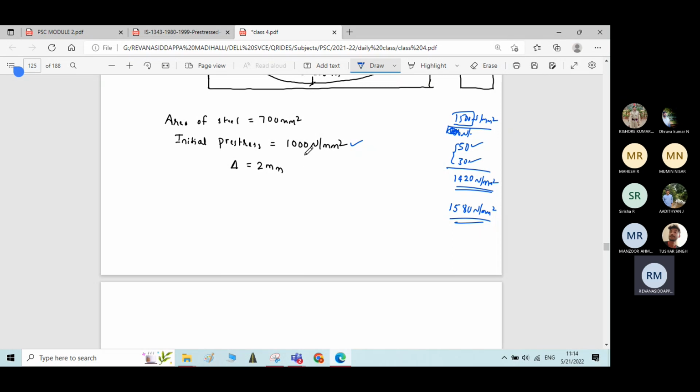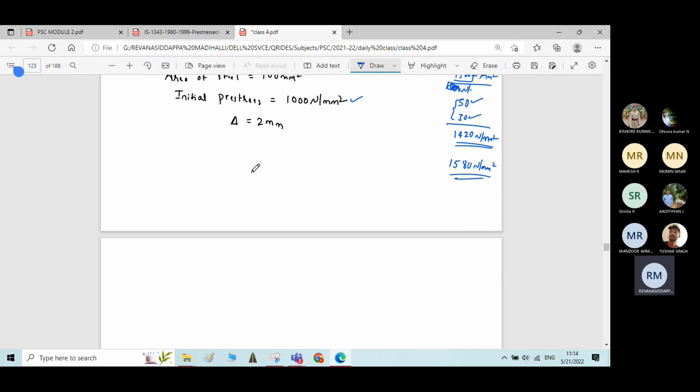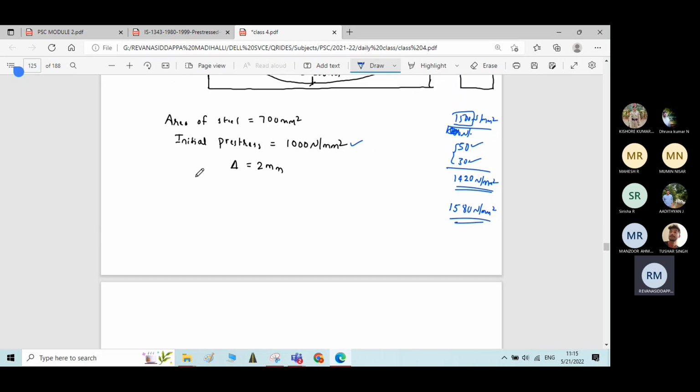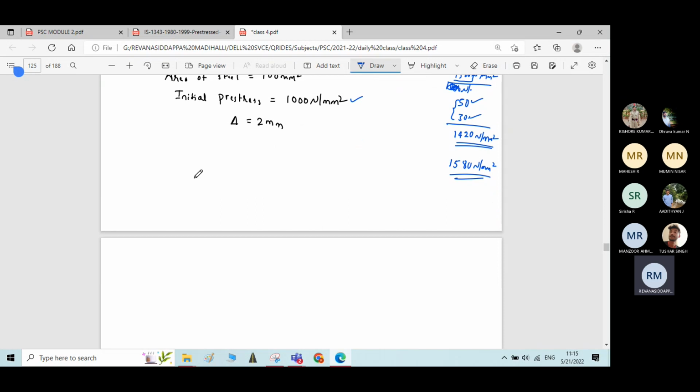That stress should also be added to the initial pre-stress. So that if you apply that much initial pre-stress, which includes loss due to friction and the anchorage, then the final stress after the losses due to friction and the anchorage will be this 1000 Newton per mm square. Okay, let me solve the problem. If we go on solving the problem, you will understand it clearly. I hope you got some idea to solve this particular problem.